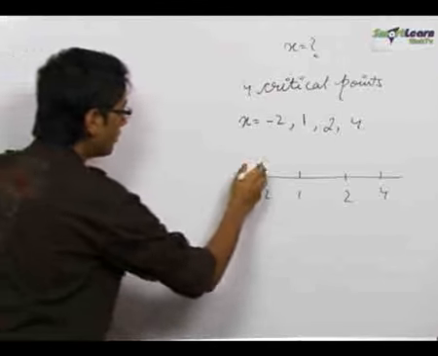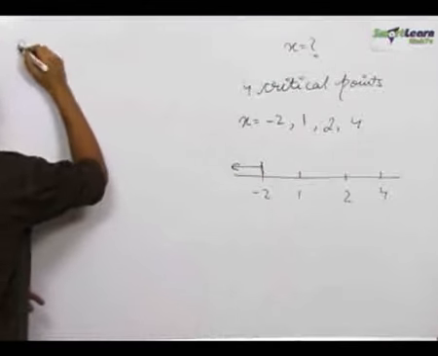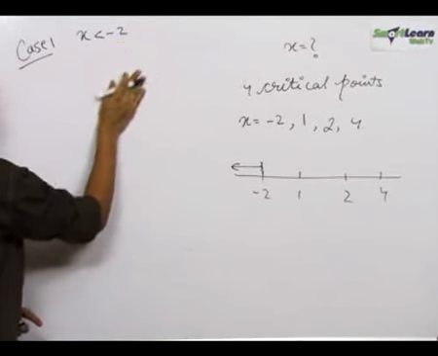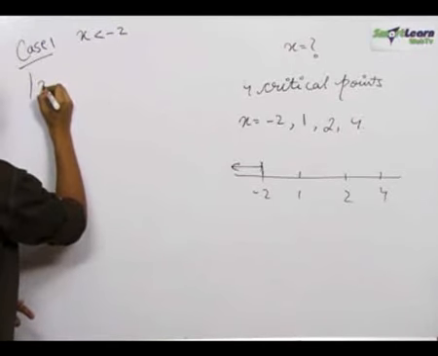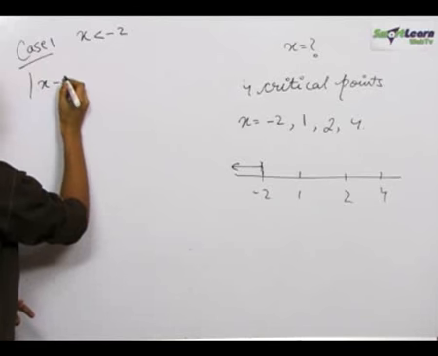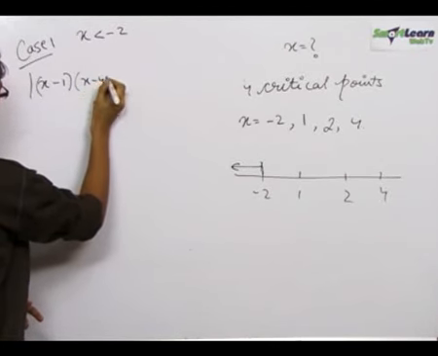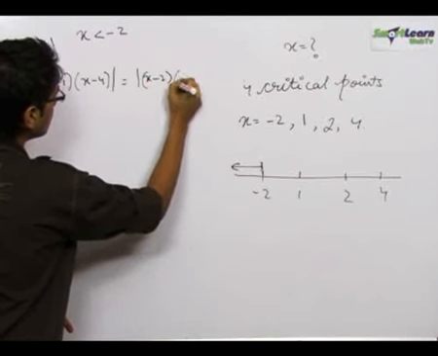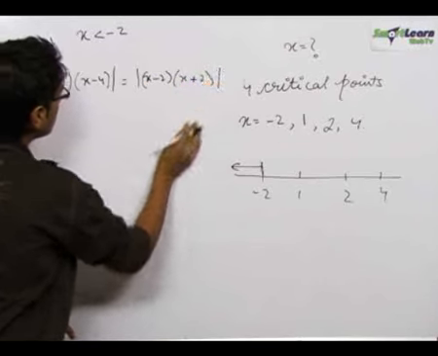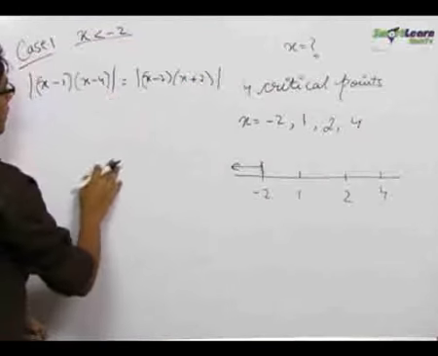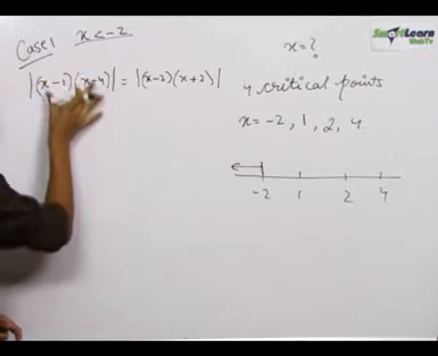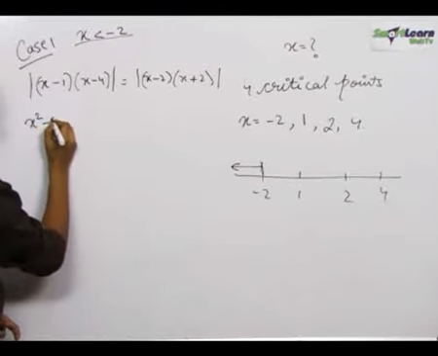Our first interval will be x less than minus 2. Now we are given modulus of x minus 1, x minus 4 is equal to modulus of x minus 2, x plus 2. If x is less than minus 2, then this is negative, negative into negative is positive, so this will open as positive only.